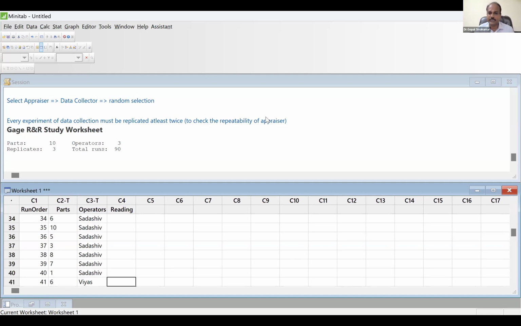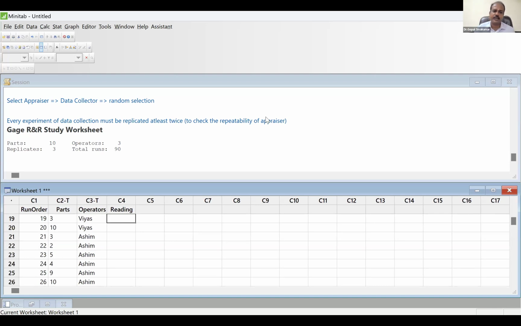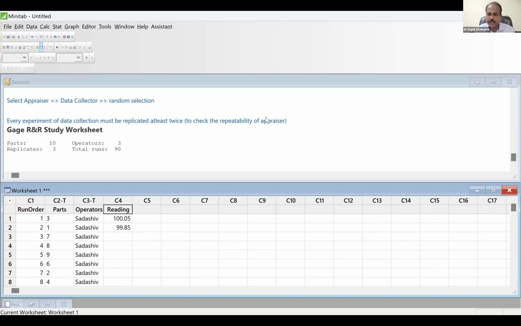Again Sadashiv for the second time, Vyas, Ashim, again Sadashiv. Because we planned 3 replications, no? So each appraiser or each operator will be measuring each part 3 times. Once these readings are available, you can actually perform the analysis and then estimate the Gauge R&R value.